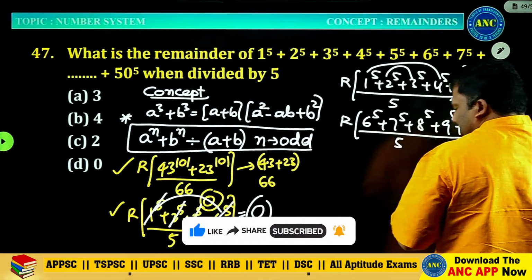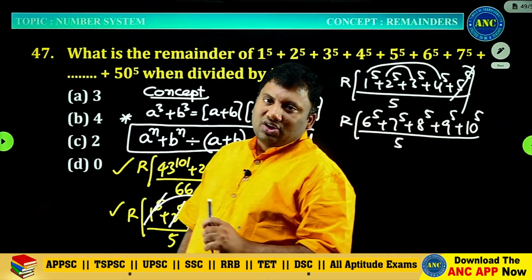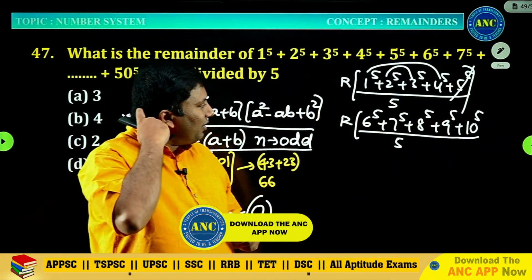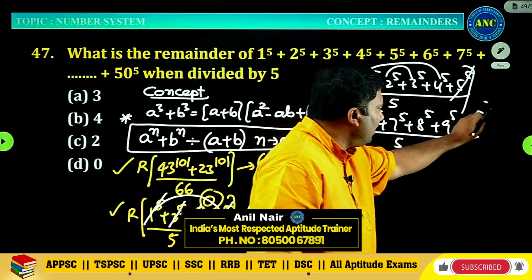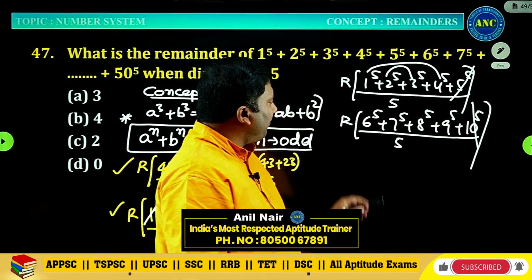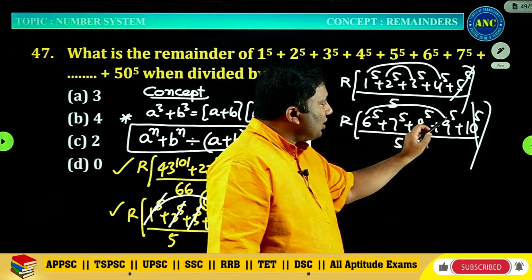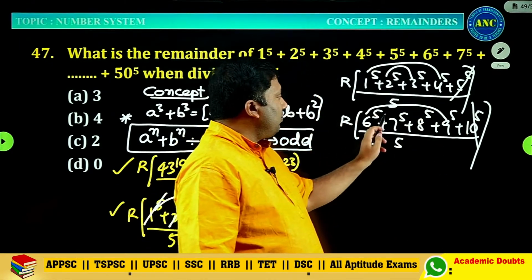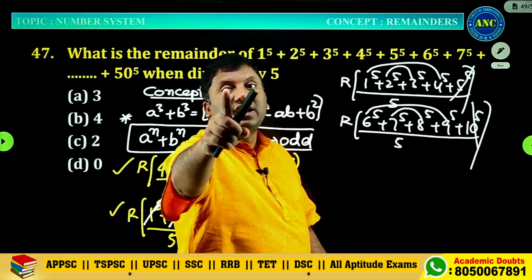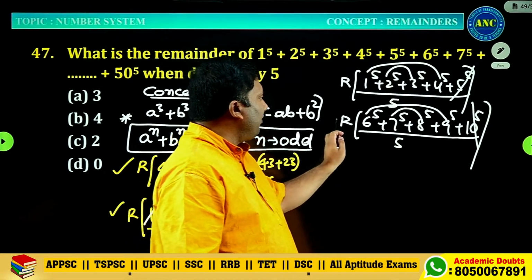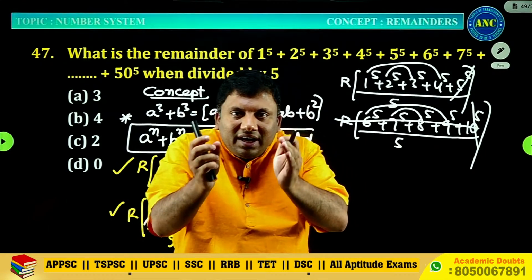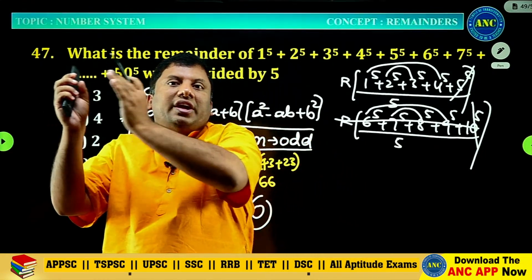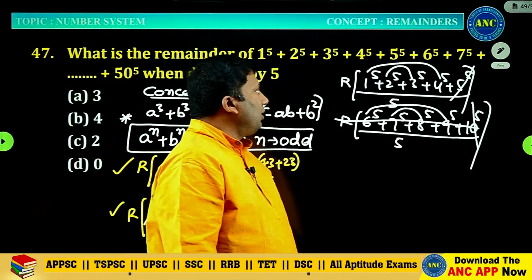Next 5 terms: 6^5 plus 7^5 plus 8^5 plus 9^5 plus 10^5. 10 is divisible by 5. 6 plus 9 is 15, divisible by 5. 7 plus 8 is 15, divisible by 5. Every bunch of 5 consecutive terms is divisible by 5.